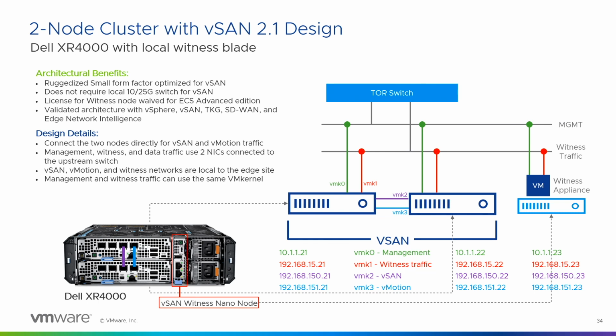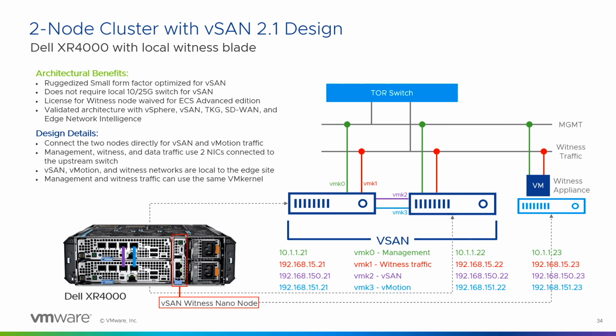So if you don't want to separate the witness traffic and the management traffic, you can actually use the same VM kernel for that. And you just need connectivity from whichever witness traffic VM kernel on the data plane nodes, right? They need to be able to talk together.